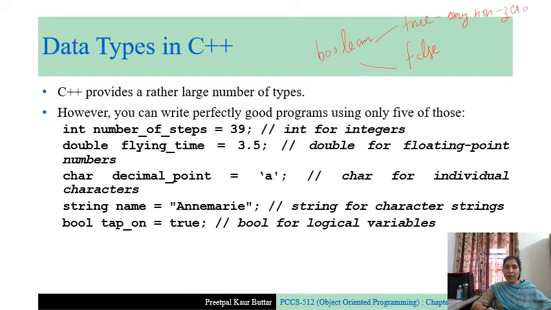You can also write bool tap on equal to 1. Here 1 means true. If you want to make it false, you can write bool tap on equal to false, or you can also write bool tap on equal to 0. Here 0 means false. So you can either use true or false, or you can use any non-zero value for true and 0 for false.